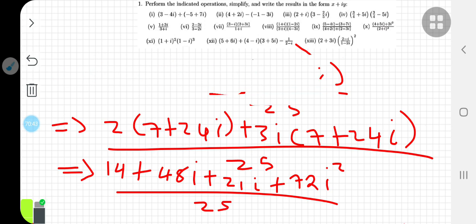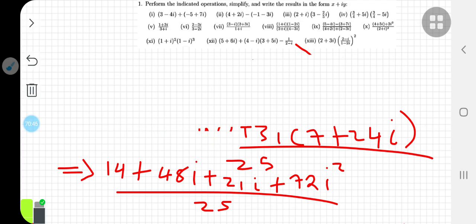So from there, we simplify what is on top.